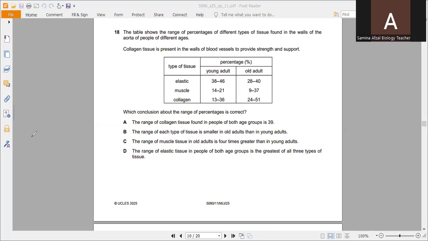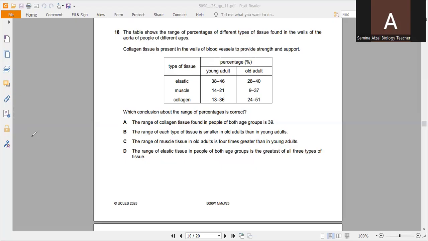In young, elastic tissues are there and in old as well. So the range of collagen tissue found in people of both age groups is 39. You can see the young age has a range of 38 to 46, and old age has a range of 28 to 40.